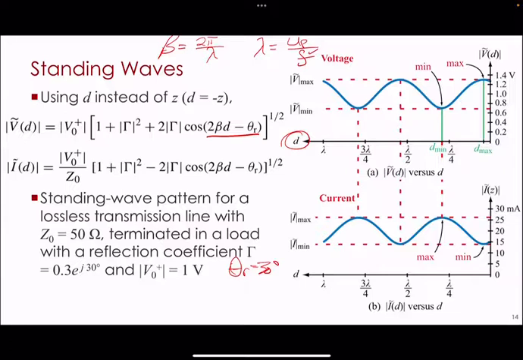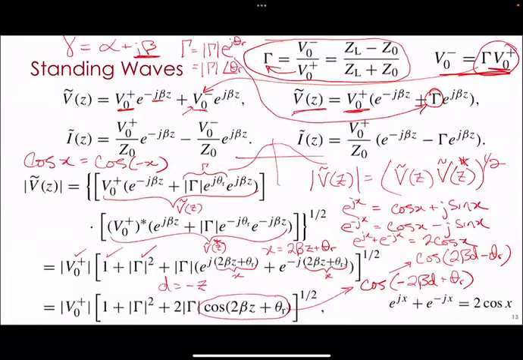Which ones apply generally? Which ones apply only to lossless? So we would trace this one back, all the way to V at Z, and we didn't have an alpha in it, we didn't have a gamma in it. If it was including losses, alpha wouldn't equal 0, and we couldn't just have a J beta Z. We would need to have the alpha included as well. So all of this stuff is for lossless.